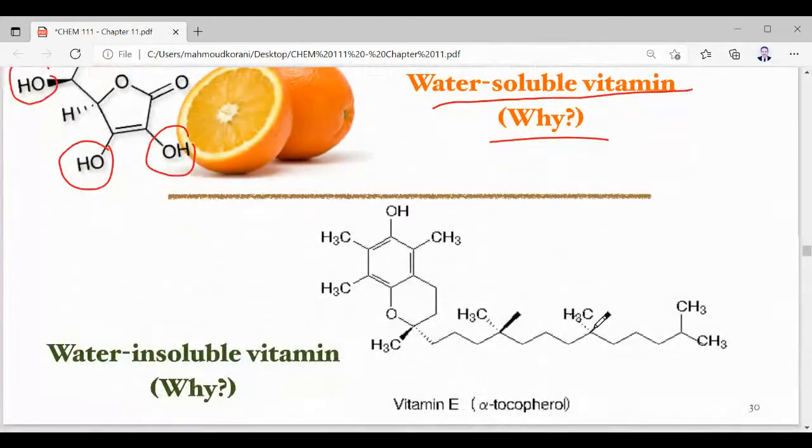On the other hand, if you look at vitamin E, as you see, it's a long chain hydrocarbon, and it has only one OH group. That is very small compared to the huge molecular weight of this compound to dissolve it in water. So this one is insoluble in water because it cannot form hydrogen bonding like vitamin C.